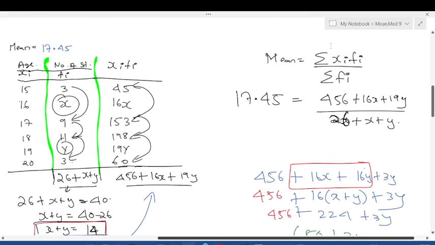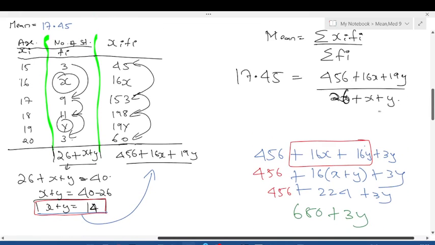So for this entire equation we got a value, 680 plus 3y. Completed till here, students. First go through what I've done. Make a note of this.